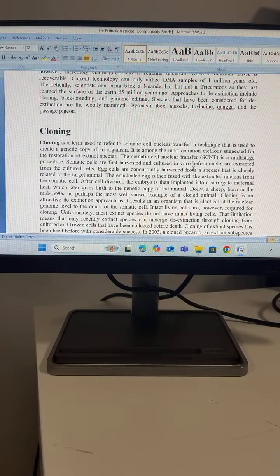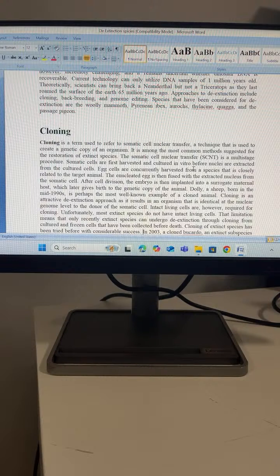Cloning is an attractive de-extinction approach as it results in an organism that is identical at the nuclear genome level to the donor of the somatic cell. Intact living cells are, however, required for cloning. Unfortunately, most extinct species do not have intact living cells.